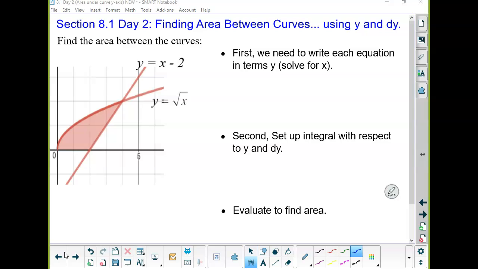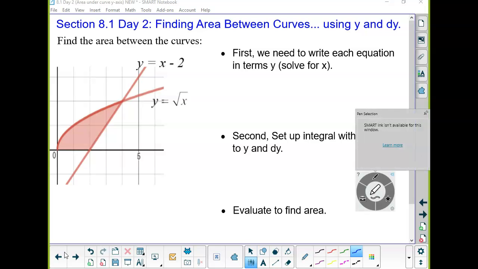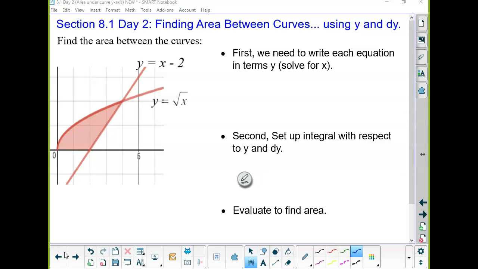So let's take a look at, first, one of the harder things that's going to happen today: determining why I am using the y values, the horizontal test, versus the vertical test. So let's look at this as if we didn't know about the y values right now, and I tried to do it using what we learned yesterday. Well, I have an intersection point, and I have an intersection point here.